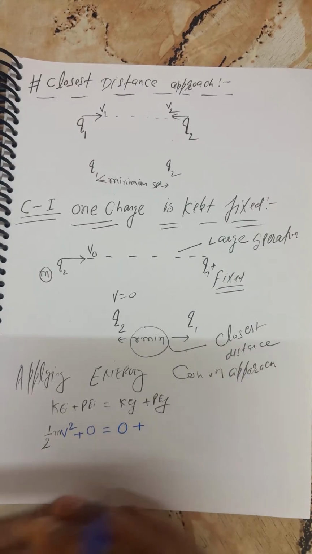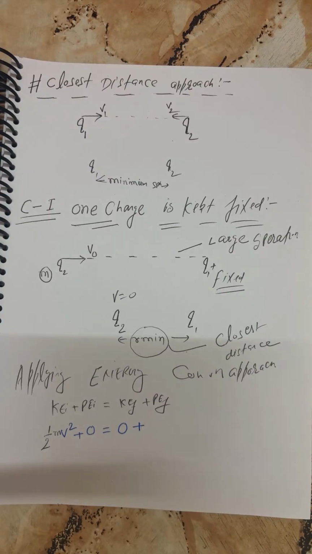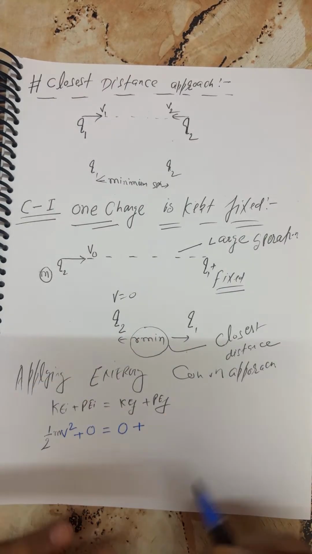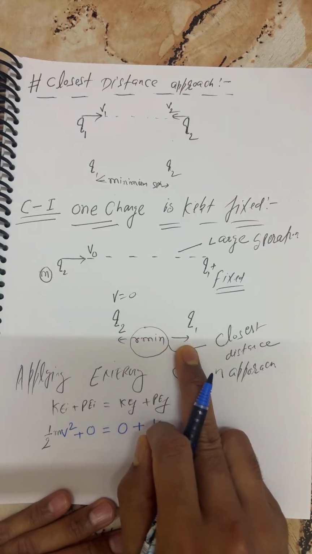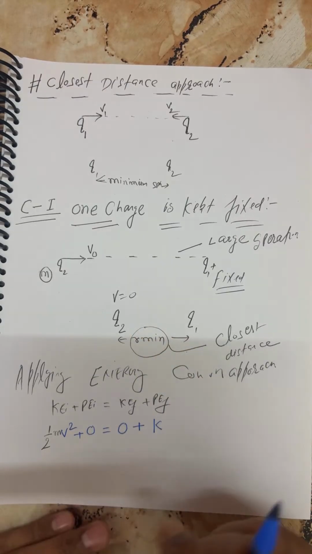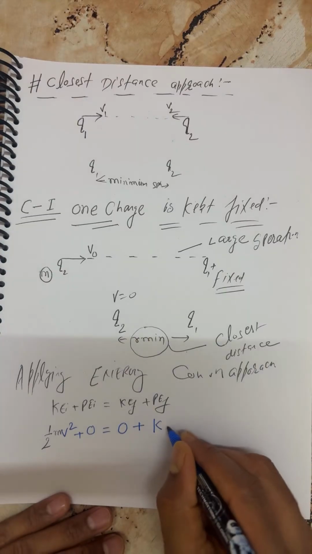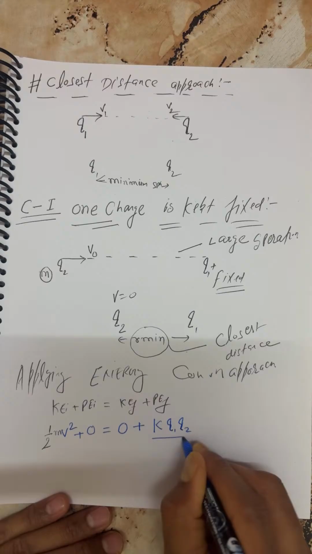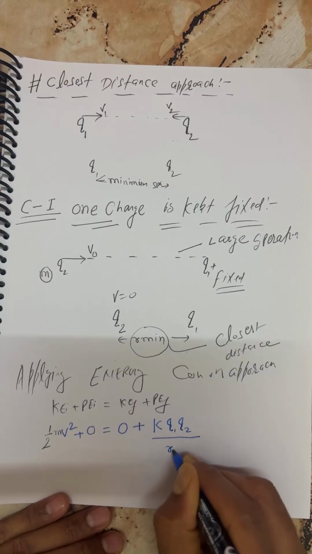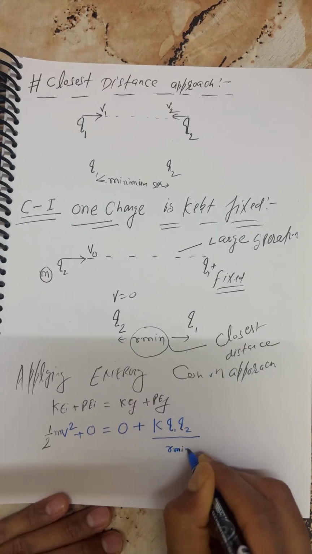What about the final potential energy? We can write the interaction potential energy, because they are at minimum separation: k Q1 Q2 by R minimum.